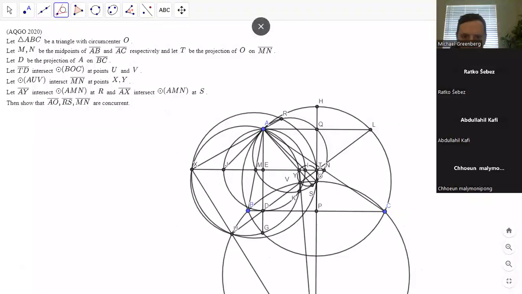No. So we could try to show that AE times ED is JE times EI. Oh, but that would leave out K. That's probably how you, oh, you showed AJDI is cyclic, right? Just have to show K.